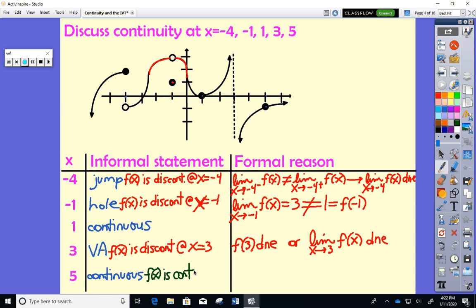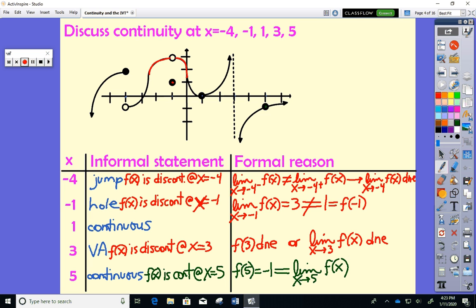Is continuous at x equals 5 because, if I do the function value first, what is f of 5? Well, I'm seeing the point right here, 5, negative 1. So I'm going to say f of 5 is equal to negative 1. And that also equals the limit as x goes to 5 of f of x.